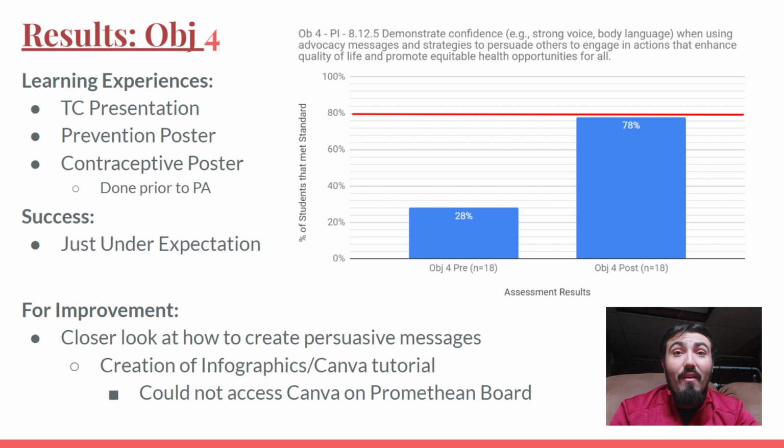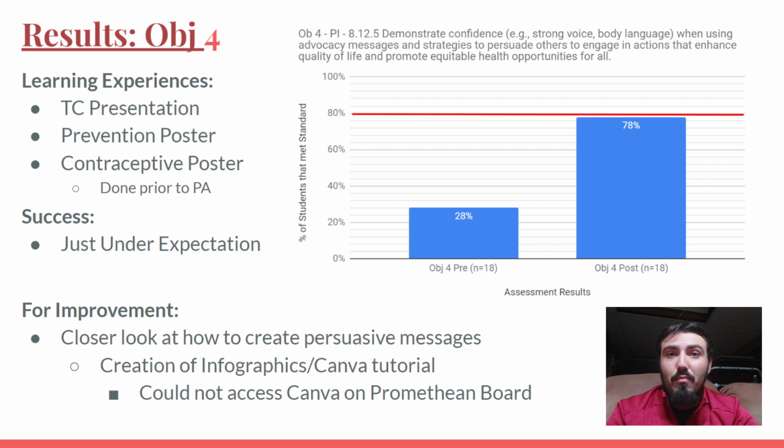Objective 4 was based on their ability to persuade others in making a health-enhancing decision. Similar to my last objective, the class was just a tick below that 80% target line. The objective was met based on their presentations to a family member on Canva.